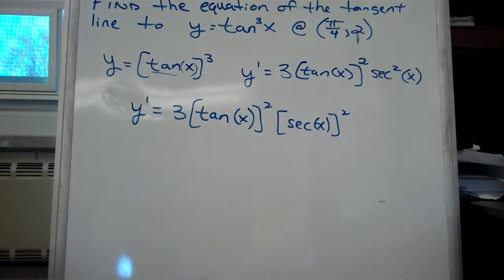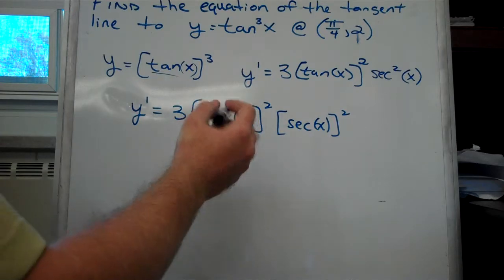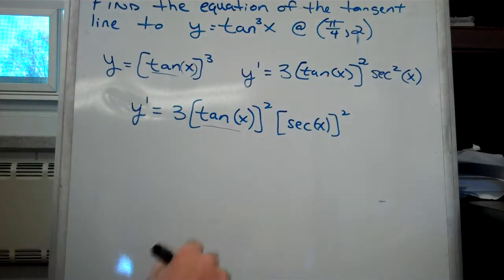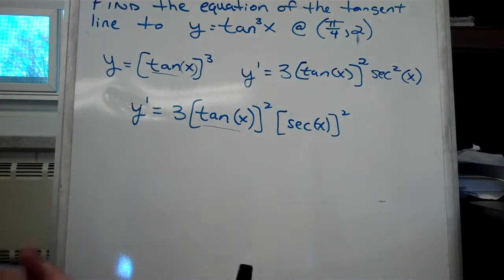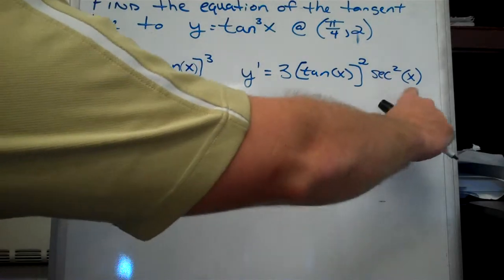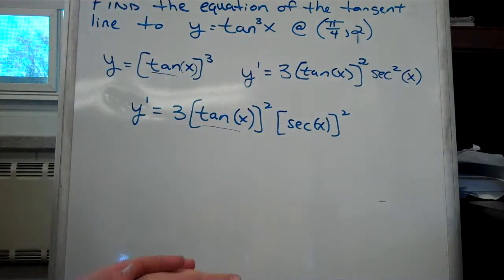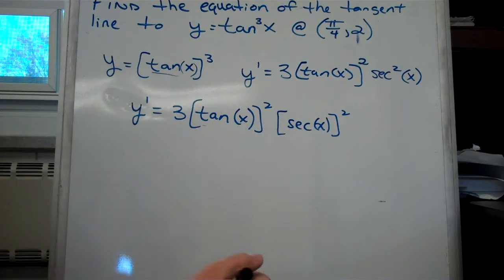The reason I do that is because I want to make sure I evaluate tangent at pi over 4 and then square it, and evaluate secant at pi over 4 and then square it. If I leave it looking like the other form, a lot of people will forget that they have to square that value. This form is hard to forget.